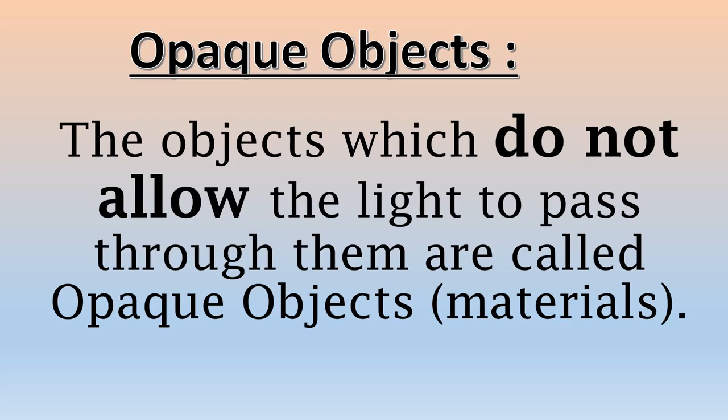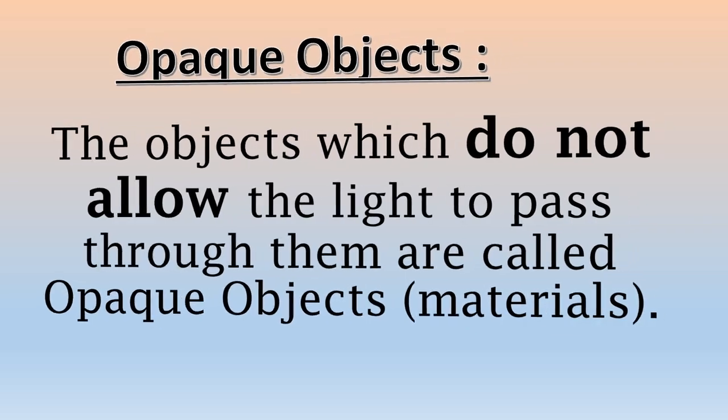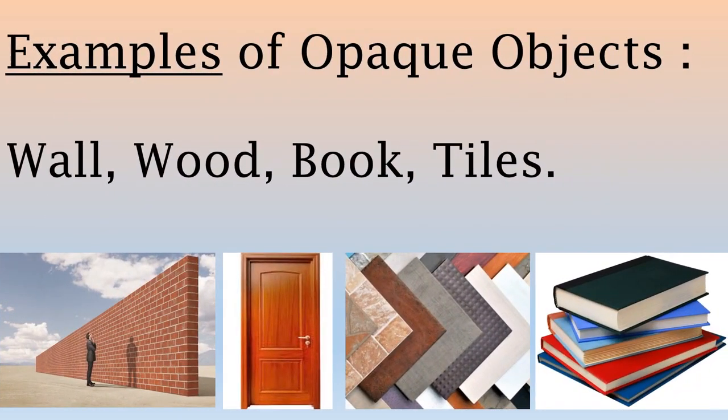So, these are the objects which completely block the path of light. Some common examples of opaque objects are wall, wood, book, and tiles.